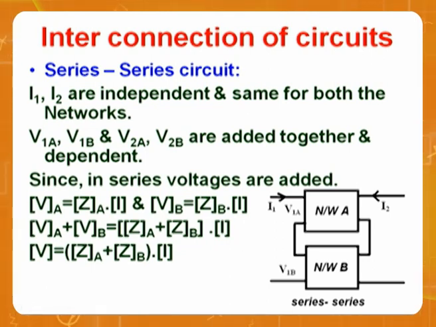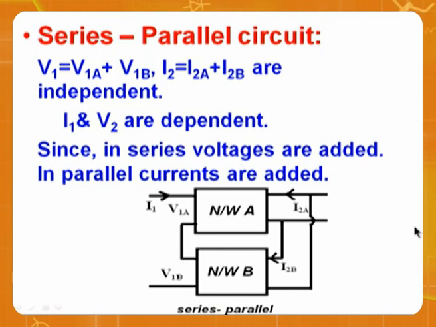That is called series, because the input side is series and the output side is also series. Then series and parallel: here voltages are added and currents are added, because in series voltage is added and in parallel current is added.